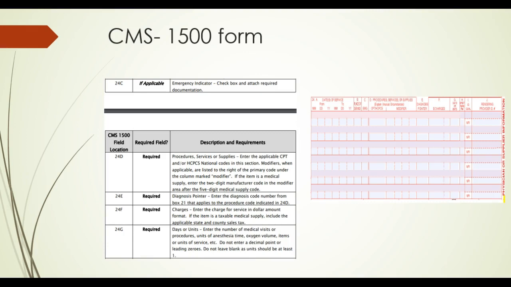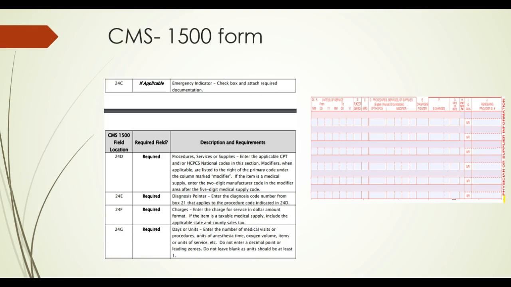So, for instance, say if they came in to an inpatient facility, say the doctor did a visit to the patient, and they did it for 2 days. They would put their number of days there. Okay?